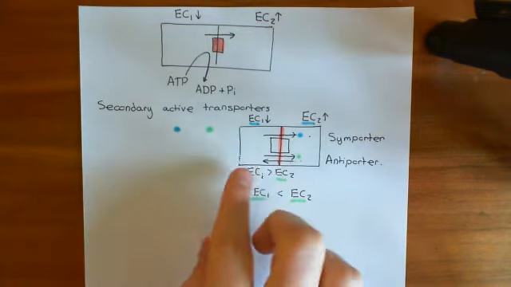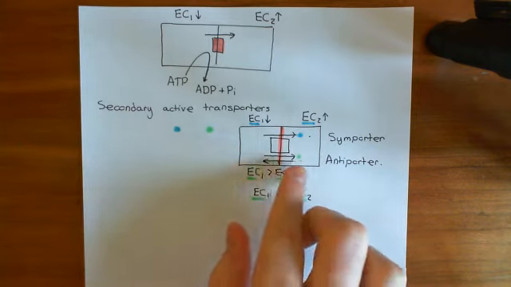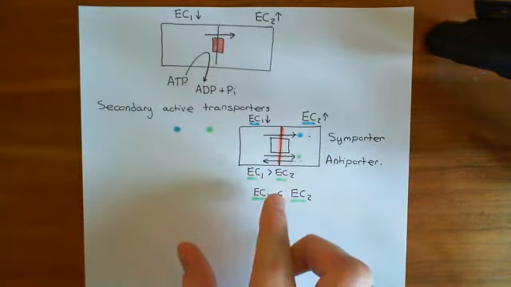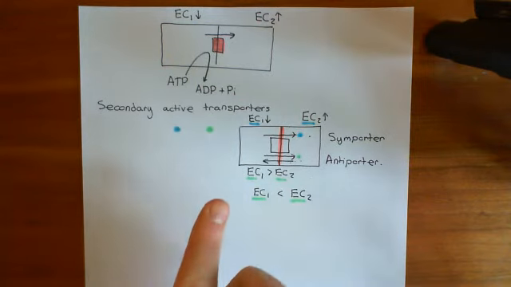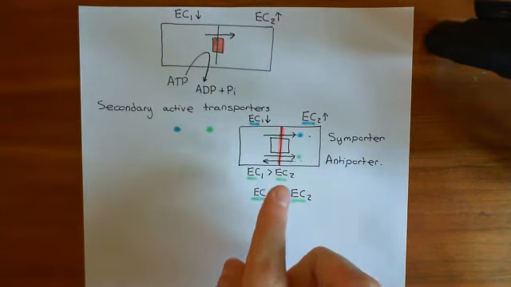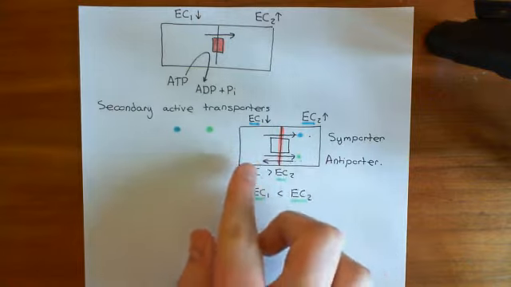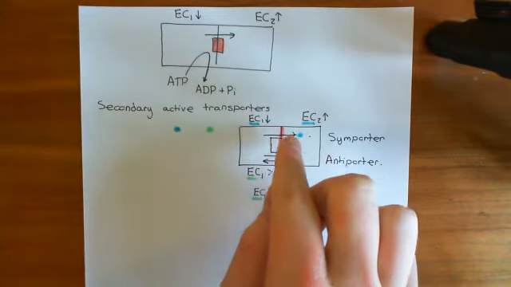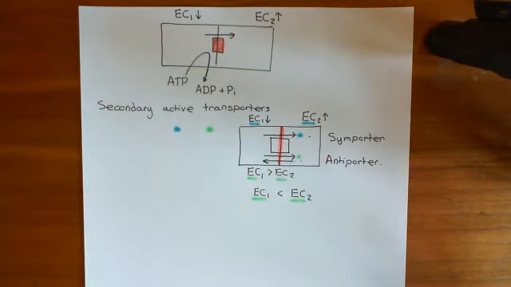And providing that the amount of electrochemical potential energy released by the other molecule, which is green in this example, moving down its gradient is the same or larger than the electrochemical potential energy going into moving blue up its electrochemical potential gradient, then we're fine. So that now concludes our introduction to transporters.